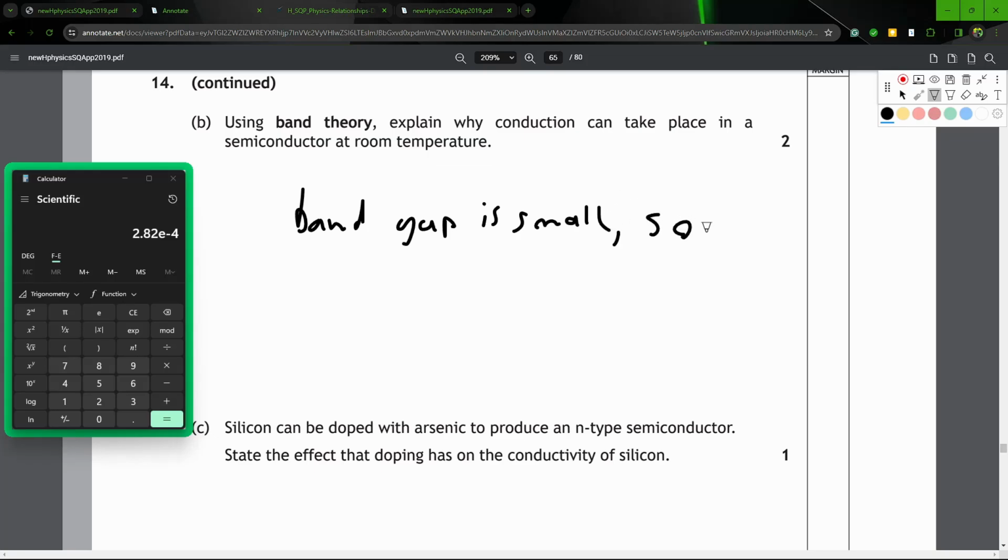So some electrons, not all, a few. That's energy, not electrons. Enough energy to cross the band gap.